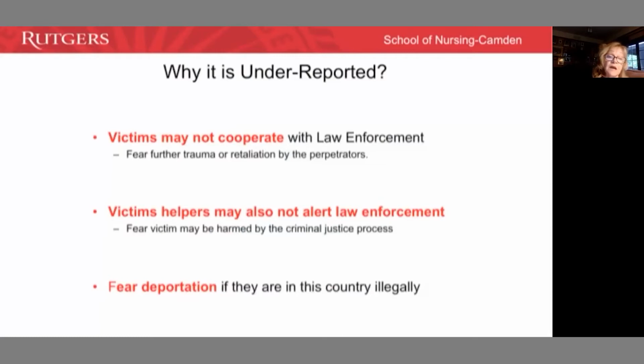Also, victims' helpers may not alert law enforcement because of the fear that if they report the problem, the victims will also be harmed not only by the perpetrators, but by the criminal justice process, which is a very real thing. They also fear deportation if they are in this country illegally. So it's very difficult, even when a victim is found, it's very difficult to get the perpetrators indicted.